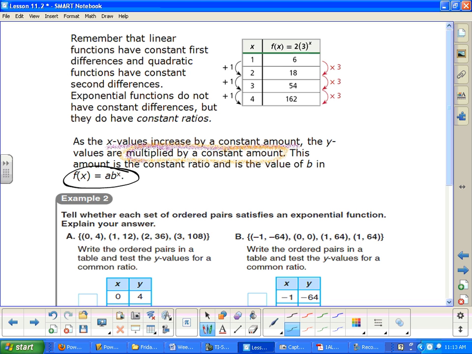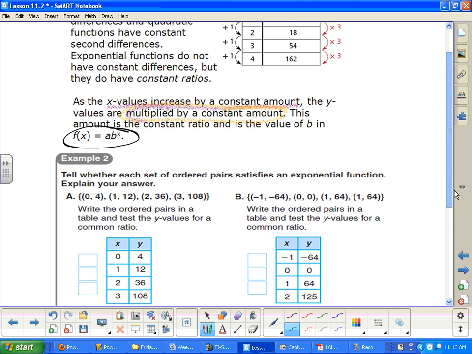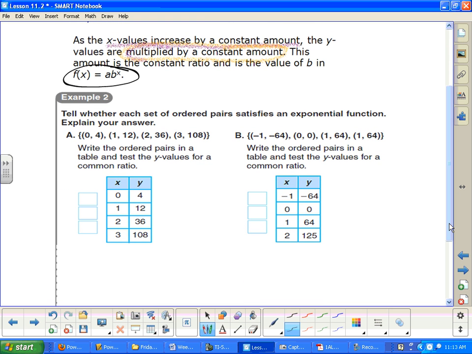So we're going to look at this next example then. We're going to look at a table of values, and we're going to determine whether that table of values represents an exponential function or not. So the first thing we do is we always look at the x's.